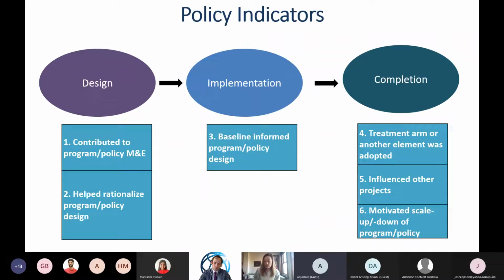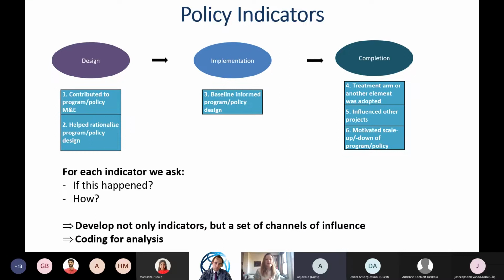So what we're really trying to do here is understand if something happened. So for example, did you improve the monitoring and evaluation of a program? Did this happen? And if so, how? So we go beyond asking yes or no questions. What we really want to know is also how things change so that we can better learn how to work with our counterparts and how to influence change in the future.